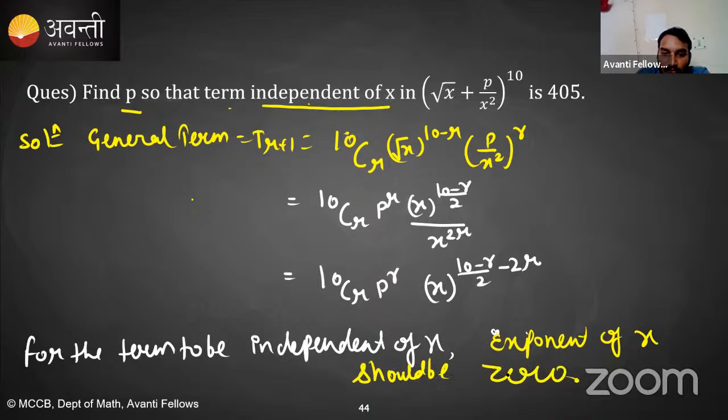Yes or no? For the term to be independent of x, the exponent of x should be 0.